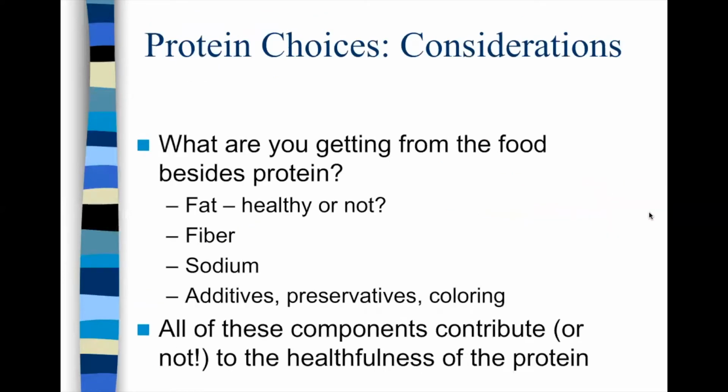All right, what else should you consider when thinking about protein sources? I think nutrition is an important consideration. This is nutrition class after all. So I think looking at what else is in that protein food is really beneficial. Plant sources of protein do have a lot of fiber.